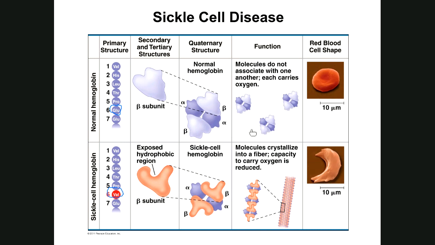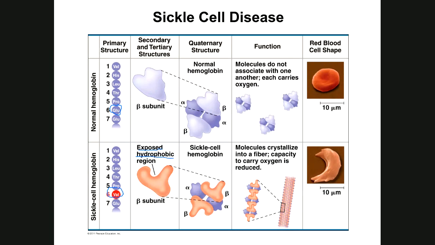Whereas if somebody inherits a sickle cell gene, a mutated beta globin gene that has that single base mutation, leading to a single mutation resulting in one incorrect amino acid, which in turn causes the beta subunit to fold incorrectly. And not just fold incorrectly, notice what's exposed?